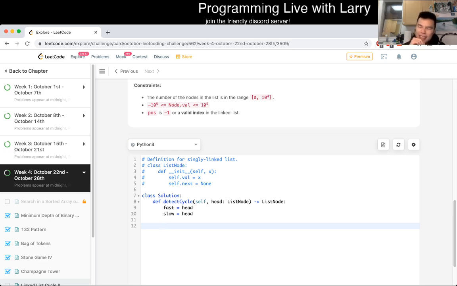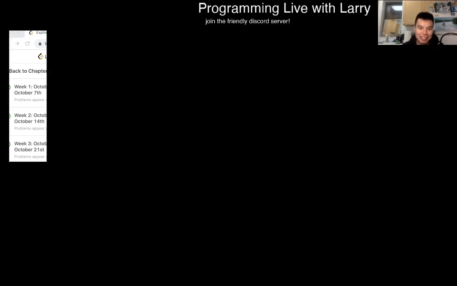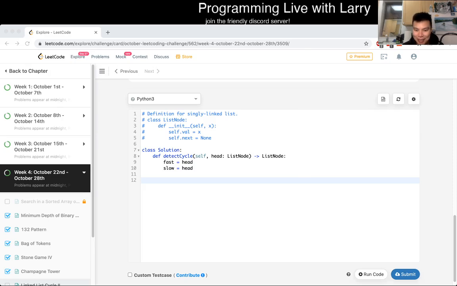And also, I think that you can prove that the slow pointer will only go one loop at the last loop, right? So actually, I think what I'm going to do is, here's a reminder that I am doing this live, so there might be some awkward pauses. I hope that's okay.